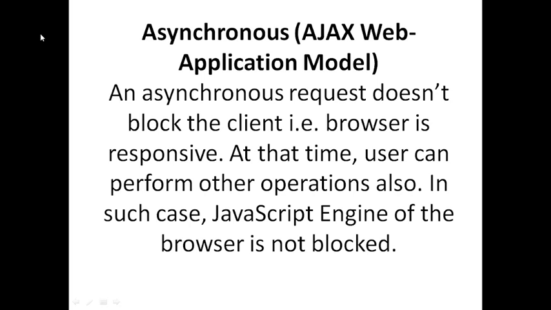So the browser is responsive and will not be blocked. It can perform other applications also. Our JavaScript engine of the browser is not blocked, so it is called asynchronous. In AJAX, the first letter A stands for asynchronous.